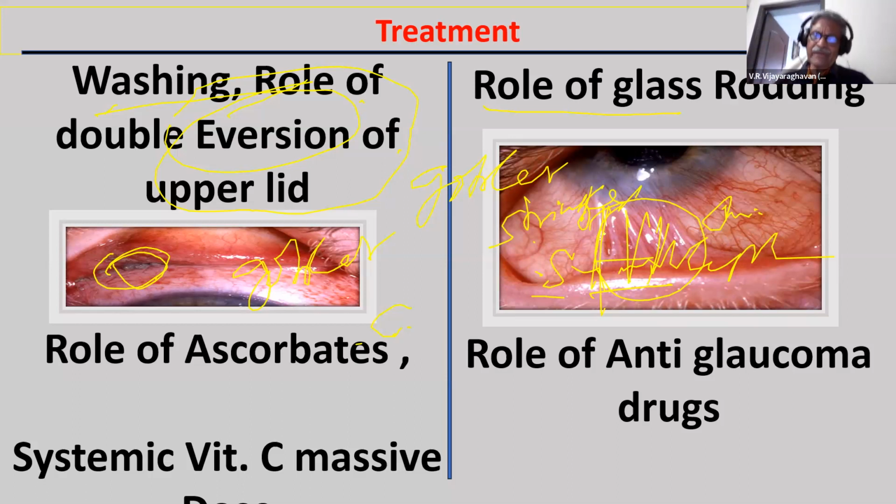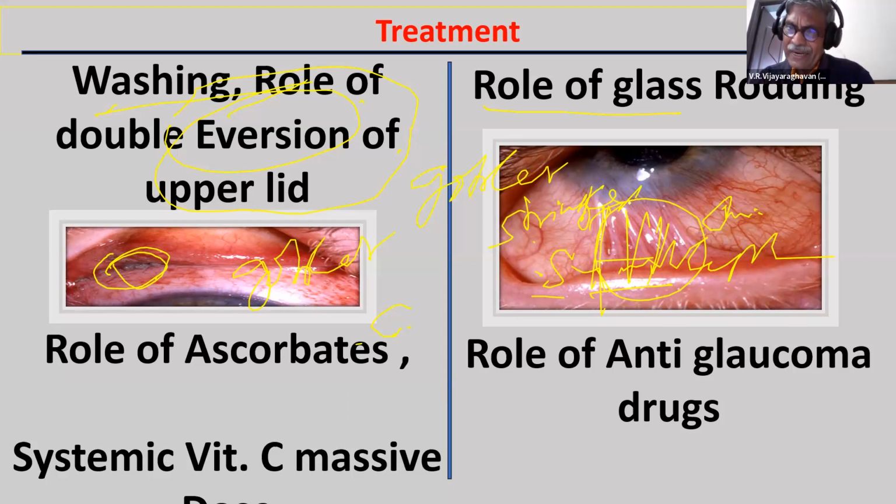One more point I'll tell you. The cornea has collagen. The stroma has collagen type 6, Descemet's membrane has collagen types 7 and 8. Collagen makes your cornea's main structure. Now collagenase is an enzyme.